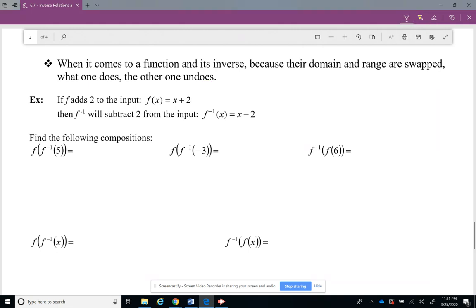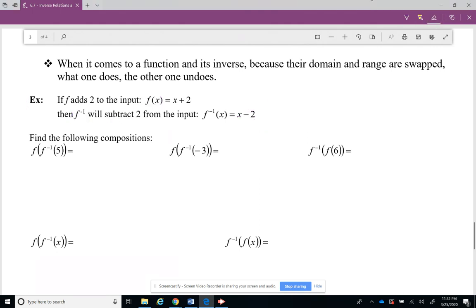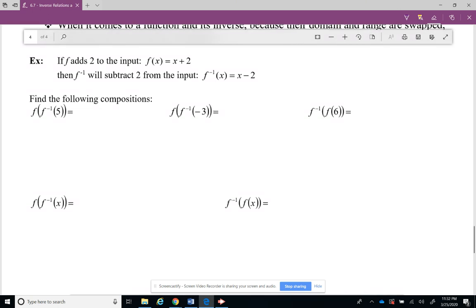All right, so here's an example. If f adds 2 to the input, f of x, this is the original one, x plus 2, then the inverse of f will subtract 2 from the input. So here's the input, and they're subtracting 2 from it. All right, so that's just an example of one undoing the other. All right, so we're going to find compositions. Now remember what compositions are.